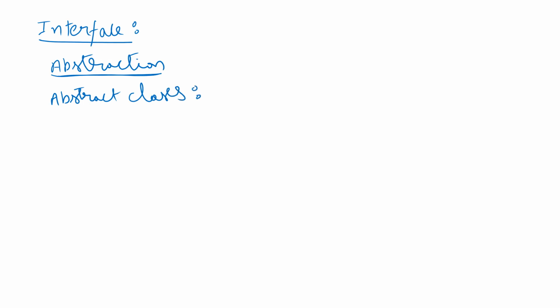In the previous videos, we have seen what is abstraction. Abstraction is hiding the implementation details but providing only the functionality to the user, and we can have abstract classes to get the abstraction functionality, but abstract classes may not provide 100% abstraction, because these abstract classes may also contain concrete methods in addition to the abstract methods.